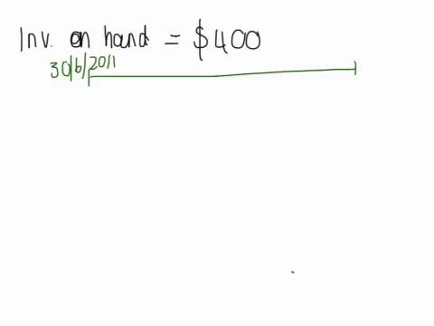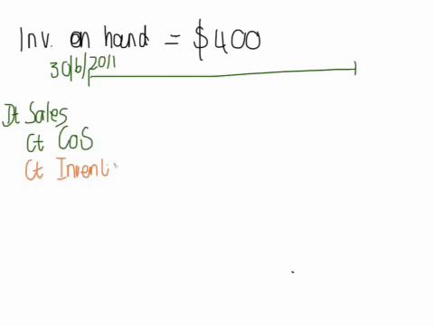So the adjustment in the previous year's consolidation worksheet would have been to debit our sales, credit our cost of sales, credit our inventory, because of the inventory entry we have a deferred tax asset, and the movement goes to the income tax expense account.